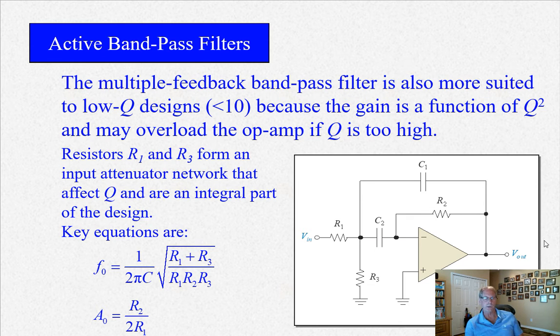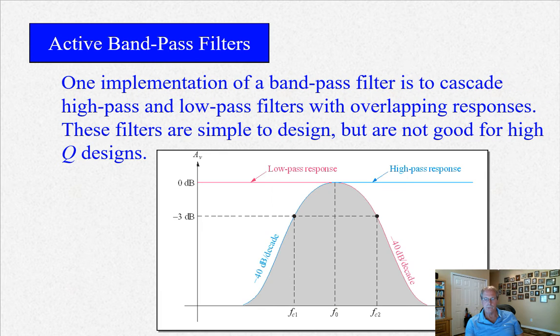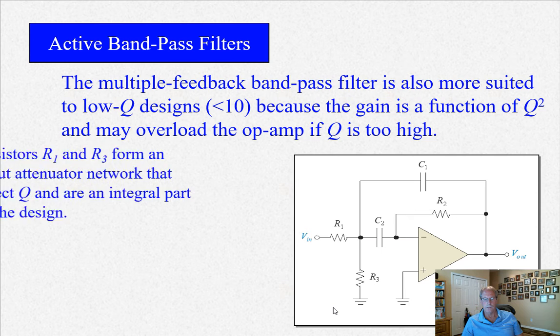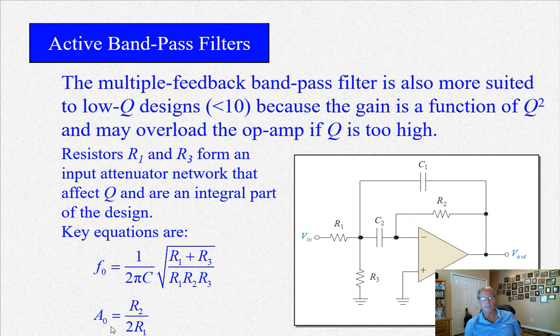This is the center frequency, F0, the frequency right in the center, right? And then the gain at that center frequency is determined by R2 over 2R1, R2 over 2R1, okay? Pretty simple circuit. Not too many parts.